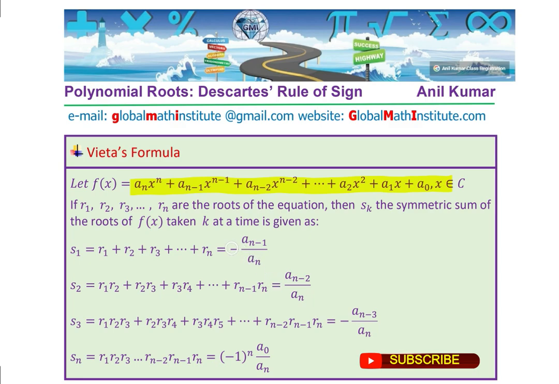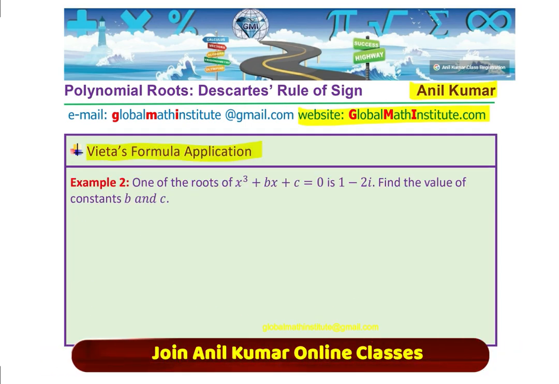Then the sign alternates, and each coefficient is divided by the leading coefficient to get the symmetric sum combinations. At the end, S_n will be the product of all the roots, which is minus 1 to the power of n, a0 over an. That's the formula, easy to remember. Apply this formula and then figure out the solution.